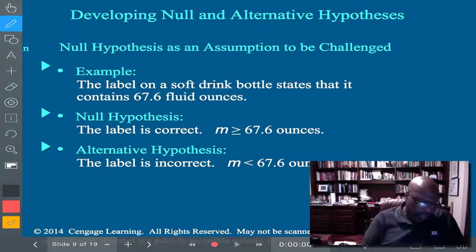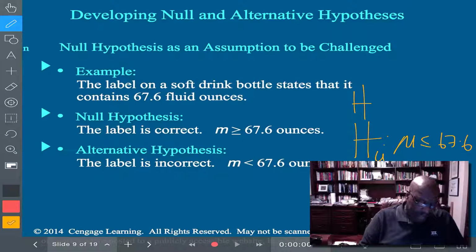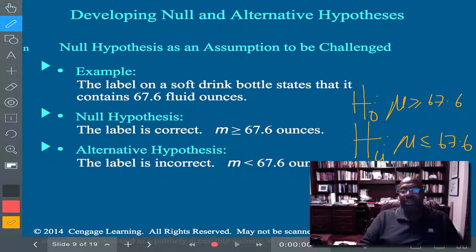So in that case, what I want to prove, HA, is that the average is less than 67.6. So my null hypothesis, I'm going to be the skeptic and say, well, no, it must be 67.6 or more. So mu is greater than or equal to 67.6 fluid ounces.